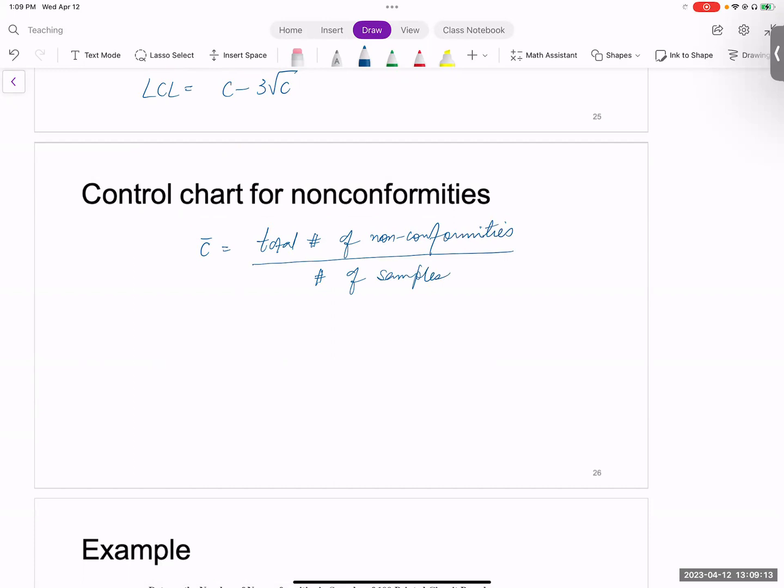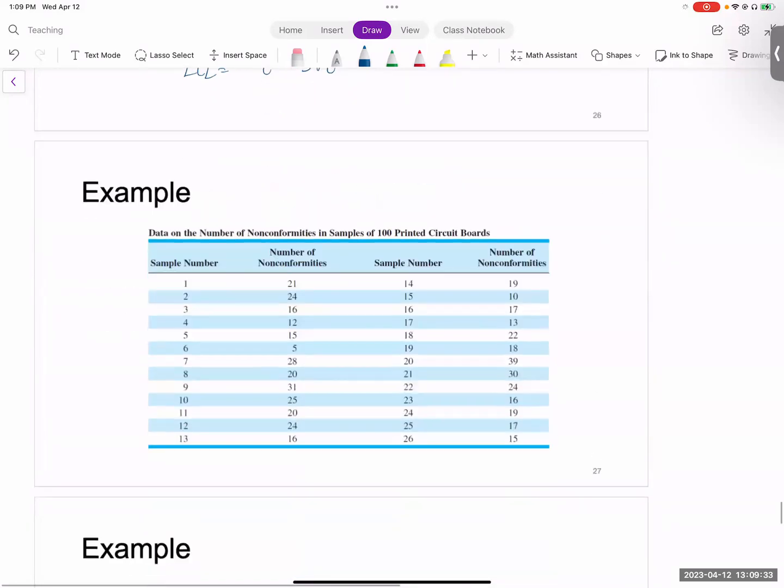This will revise your UCL as C bar plus 3 square root of C bar, CL equal to C bar, and LCL equal to C bar minus 3 square root of C bar. That gives you the control chart for non-conformities when you don't know C. And a quick example is the next one.